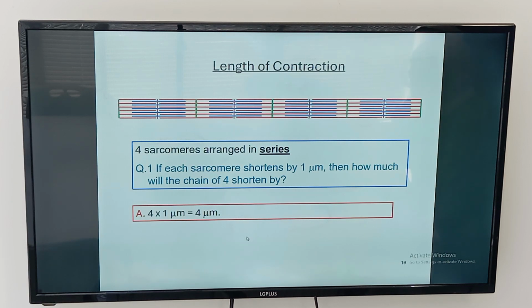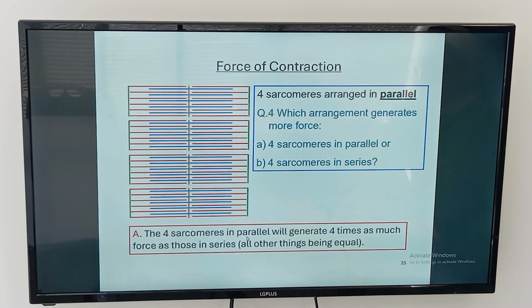In a hypothetical situation with two sets of muscles, one in a series arrangement and the other in a parallel arrangement, the muscles in a parallel arrangement will generate four times more force than in series.